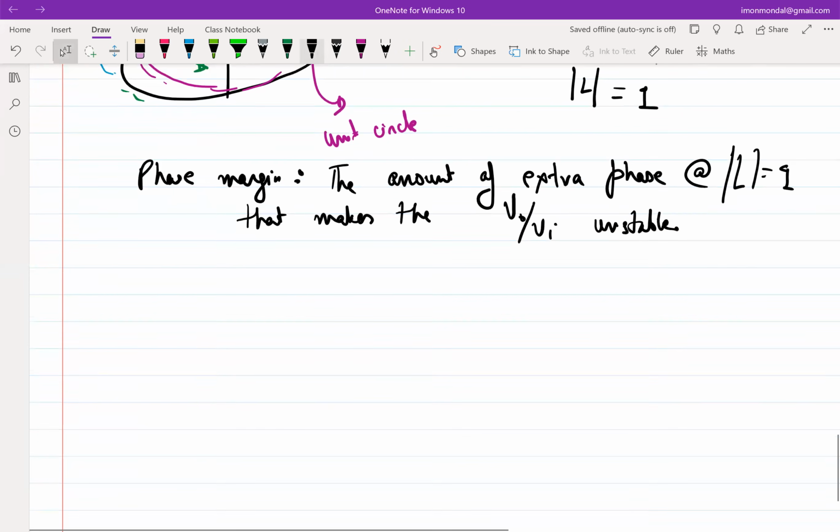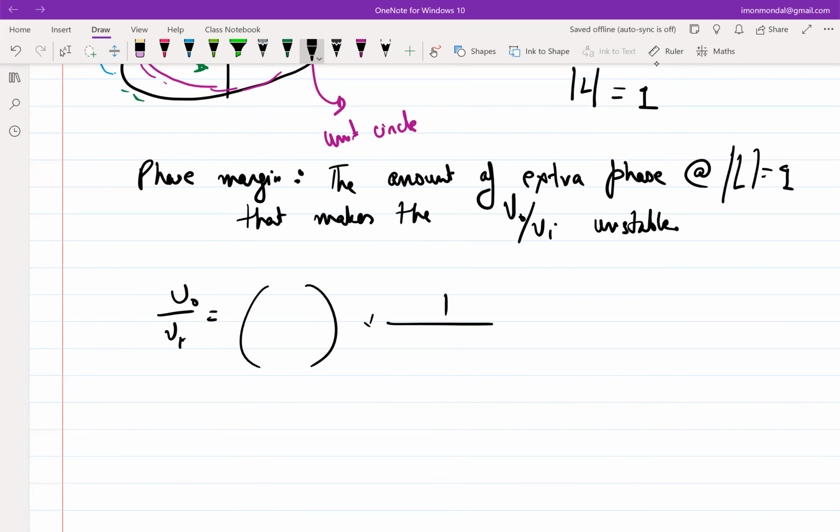By the way, why is a root on the right half plane a cause for instability? Let's say there is one root in the right half plane, and we say that V naught by Vi is something times 1 by 1 minus S by P, where P is positive in this case. So what will this mean? What will be the unit step or the impulse response of this?